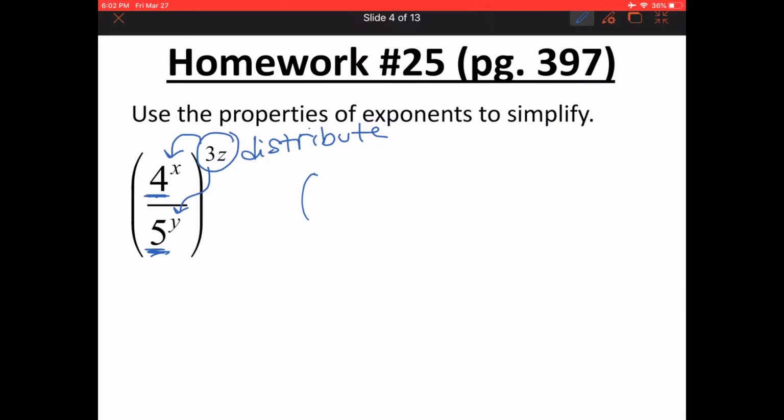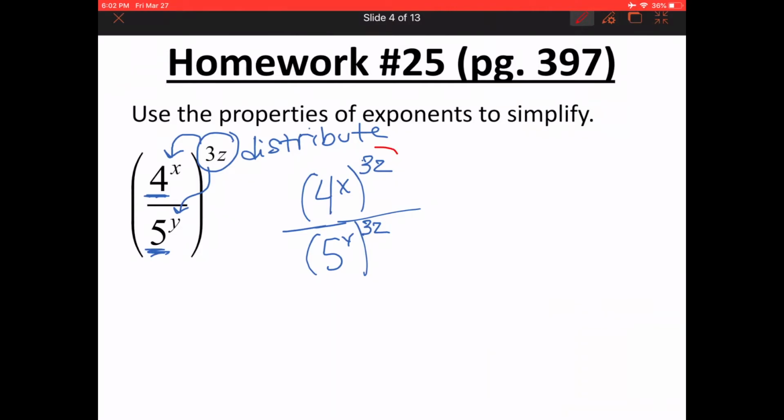I should have 4 to the power of x raised to the 3z over 5 to the power of y also raised to the 3z. And now what do I do with these exponents?